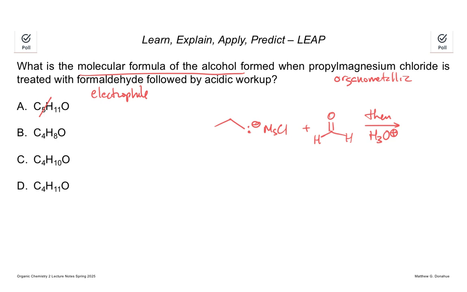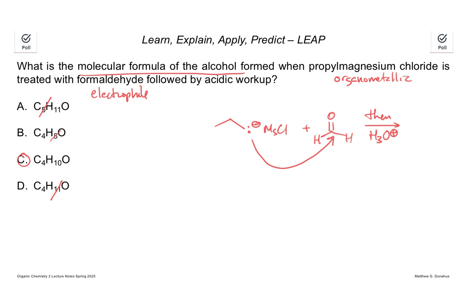It's got to be an even number, so we can eliminate 11. So now we're between 8 and 10. So we can count. There's 3, 4, 5, 6, 7, 8, 9, and then that's going to get protonated, so 10. So we would end up with C.